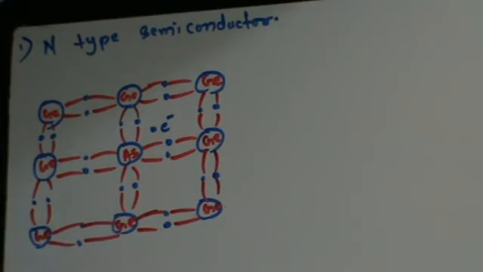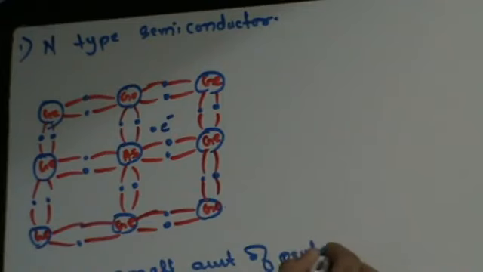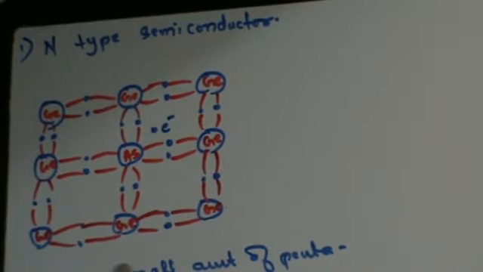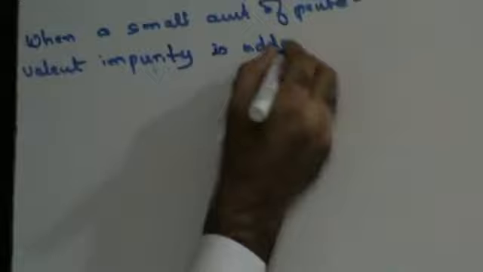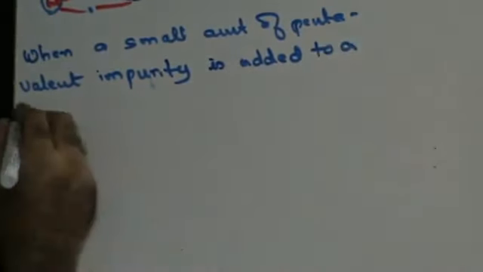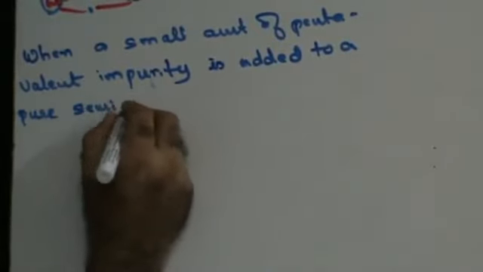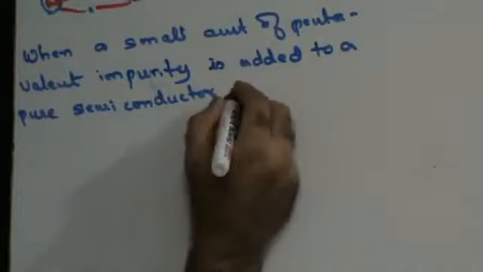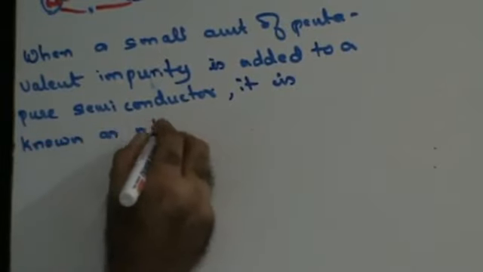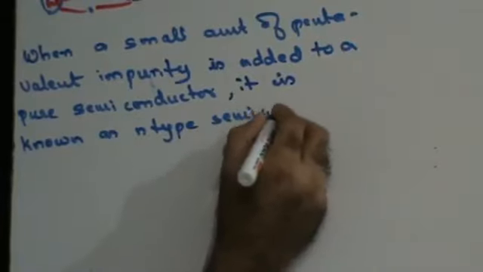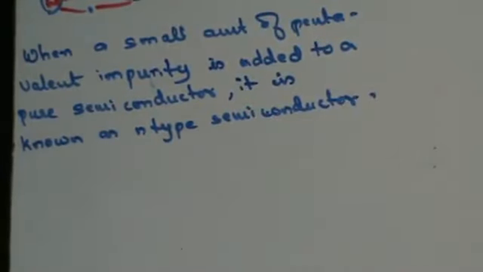So what is an N-type semiconductor? When a small amount of pentavalent impurity is added to a pure semiconductor, it is known as an N-type semiconductor.